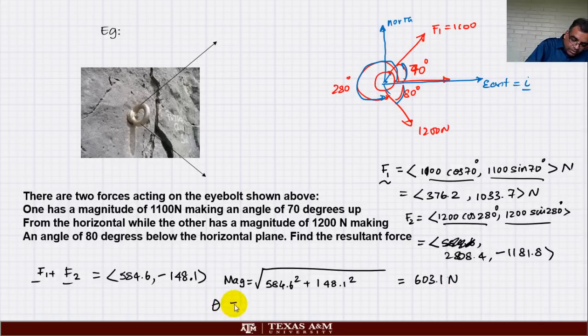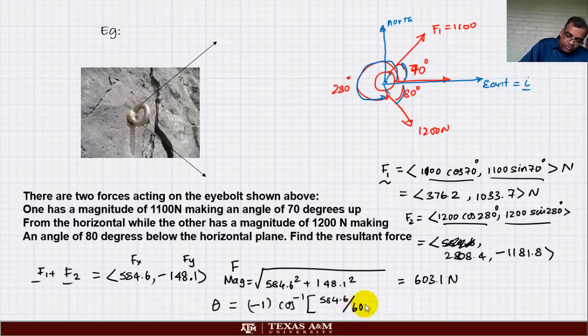Angle: so this is Fx, this is Fy, this is F. It is cos inverse of Fx over F, 584.6 divided by 603.1. You see how I did that? That turns out to be minus 14.2 degrees.